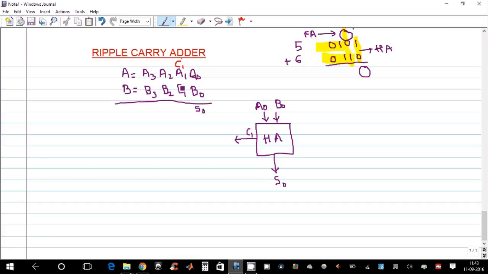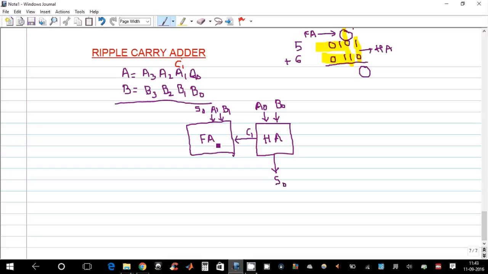So for this we need to employ a full adder, where our 2 inputs are A1 and B1, along with the carry output of the half adder, that is C1.